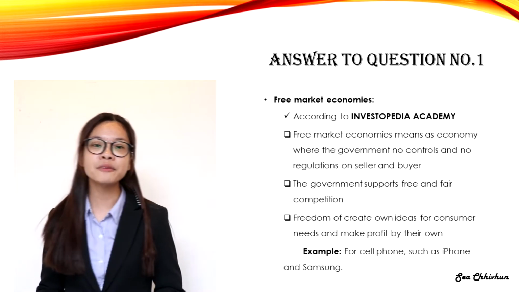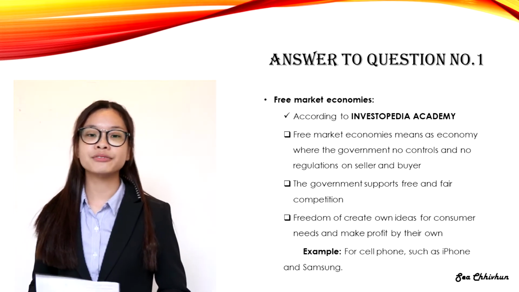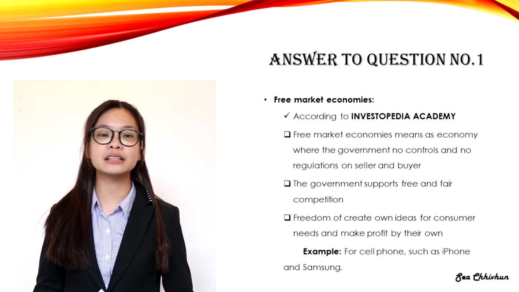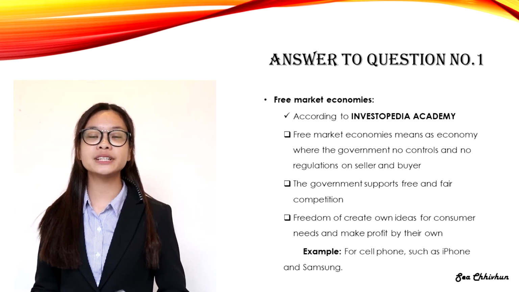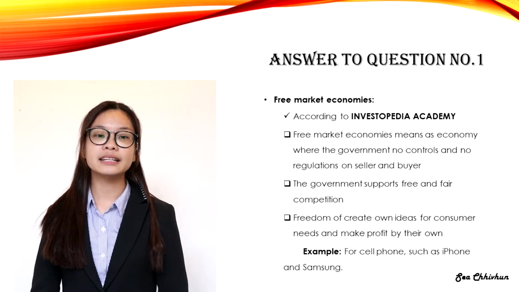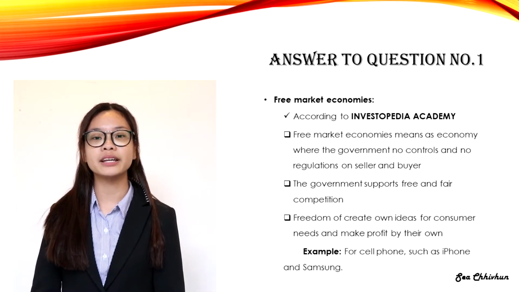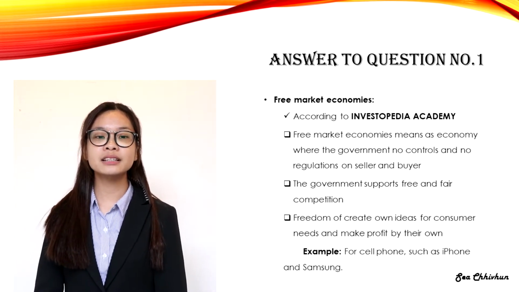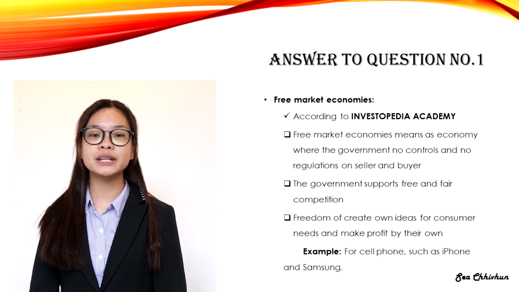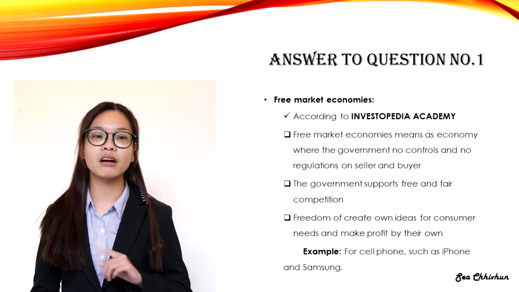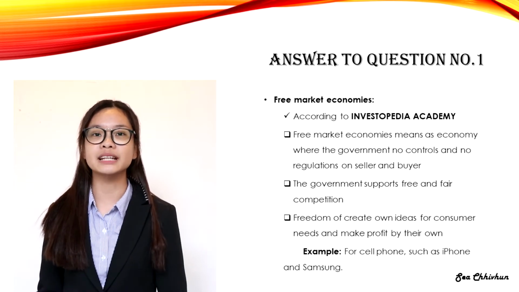For example, for cell phones, new models come out every year, such as iPhone and Samsung, creating new features and new ideas for their customers' needs. And the companies are always owned by individuals or private companies. In addition, the endless improvement results from an incentive. It has a main positive effect on economic growth and development.